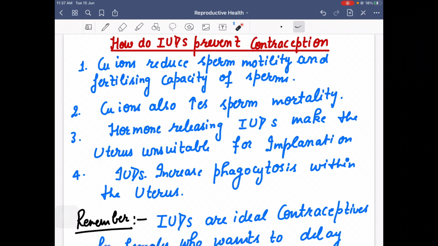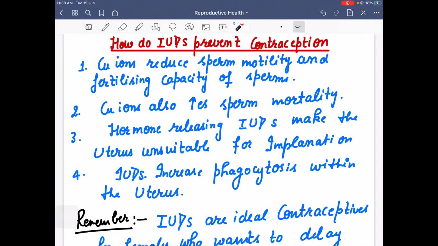And if they do reach, their fertilizing capacity is also reduced. So copper ions' major work is to reduce the sperm motility and the fertilizing capacity of the sperm. So there are almost nil chances of the sperm fertilizing the egg.